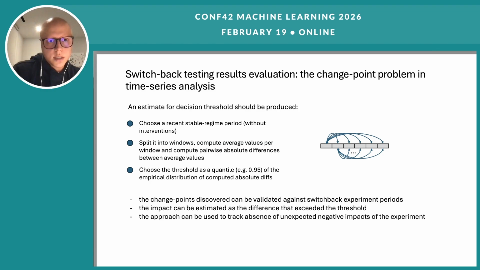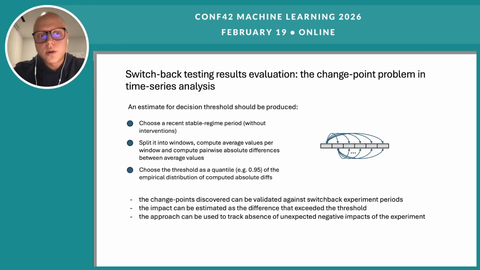That's basically everything I wanted to tell. And just to sum it up, A/B experiments do not work well in complex systems because of interdependencies. A better way to conduct them is switchback testing.